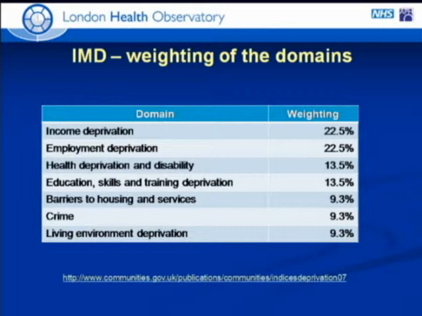And some people don't mind so much whether you do that or not. So we sometimes just look at the income deprivation domain, but you don't get a great deal of difference anyway. And this link at the bottom provides more information on this index. But it's been around quite a long time in England, and it's been updated every few years when new data become available.